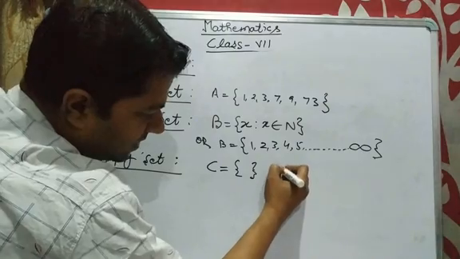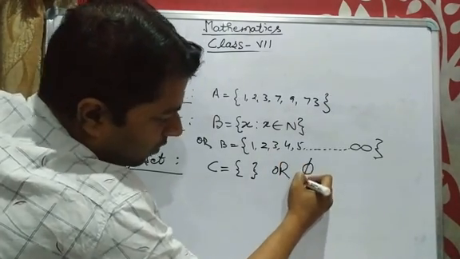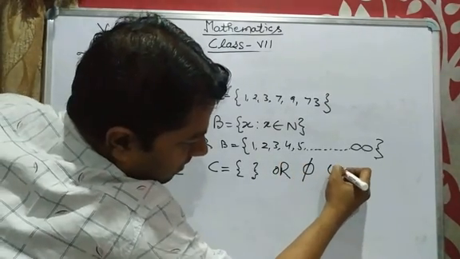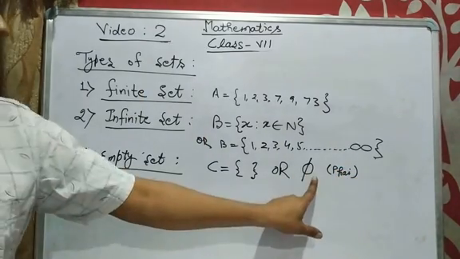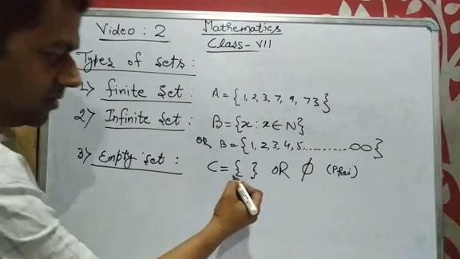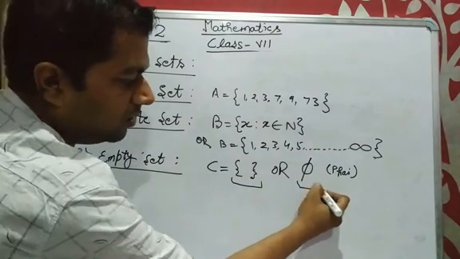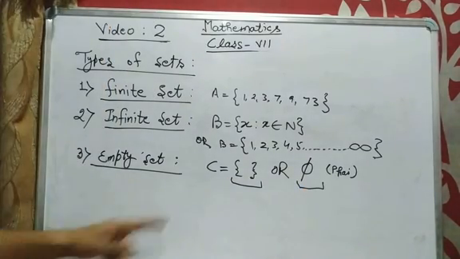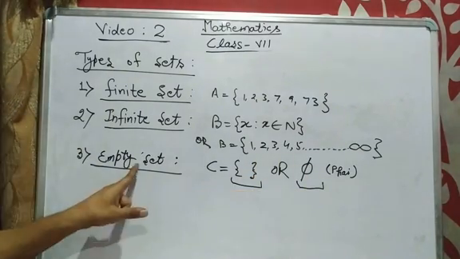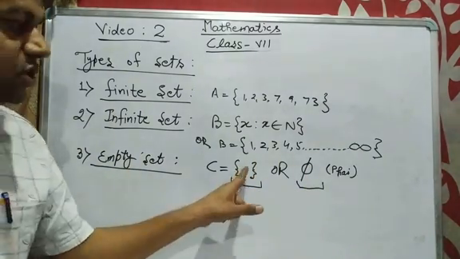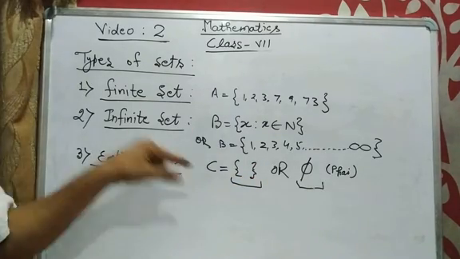It could be represented also by phi, either this or this. So these two symbols represent that the given set is an empty set. That means there is no element in that set.